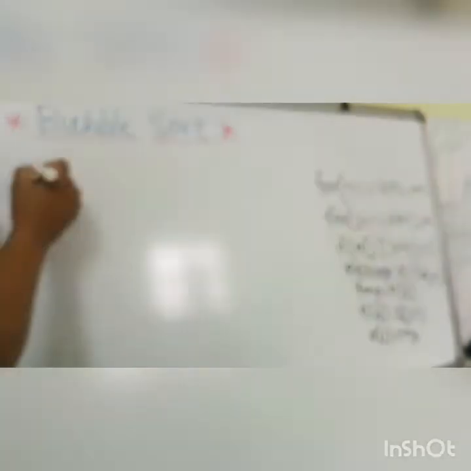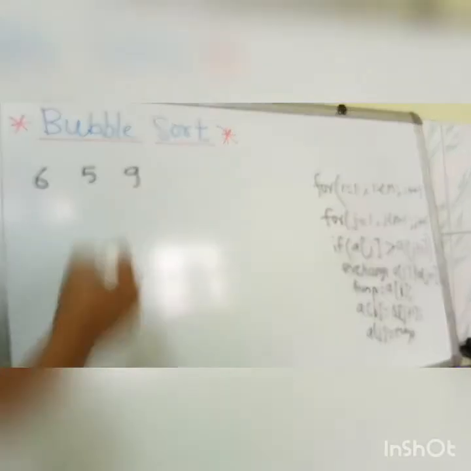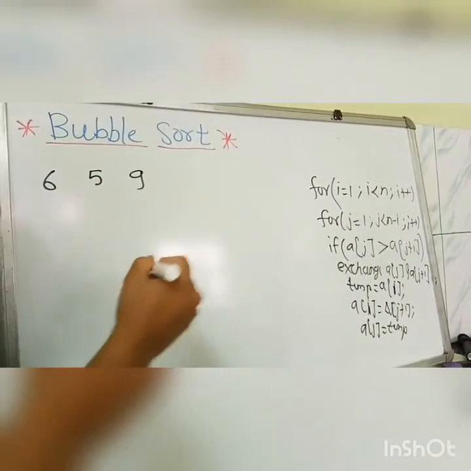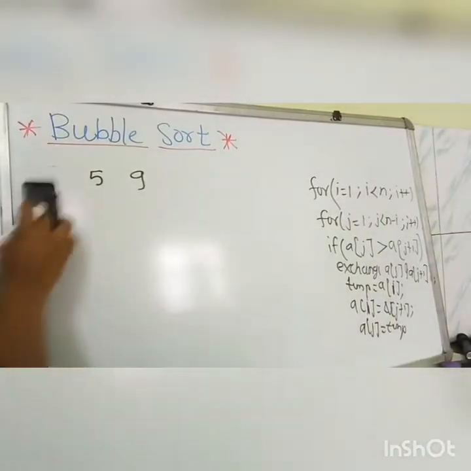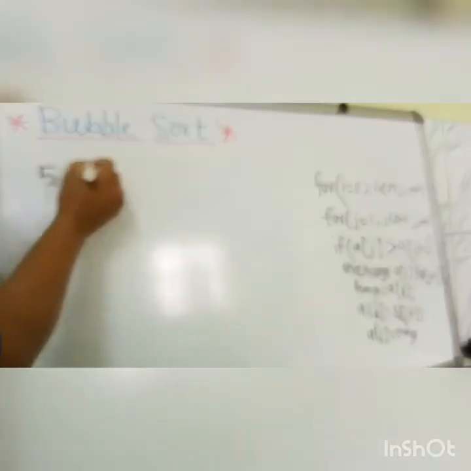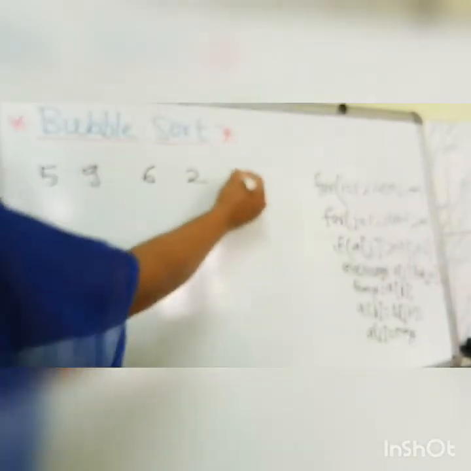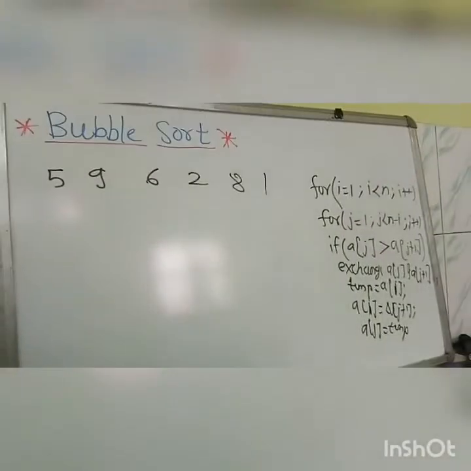Consider one example where the numbers are 6, 5, 9, 2, 8 and 1. We will take a small example to trace this bubble sort technique.